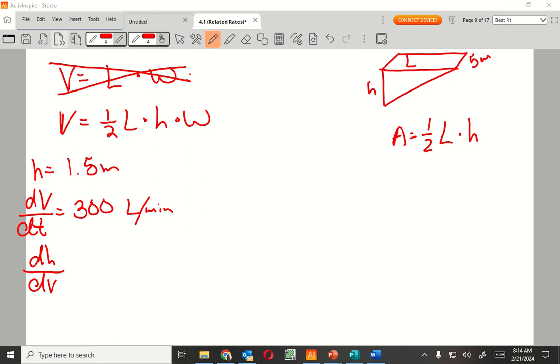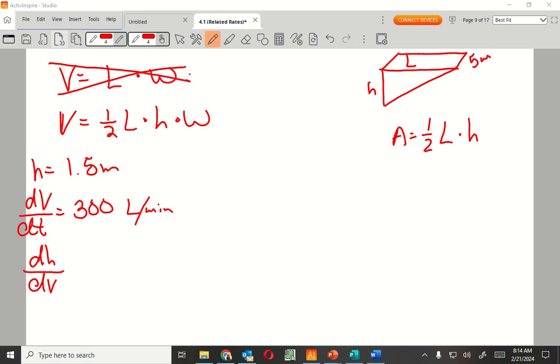All right, so let's go through and actually find a couple other things from this. If the height is going to be 1.5, I'm going back to this formula over here. I could try to figure out what it would be if I could find some of these other things.